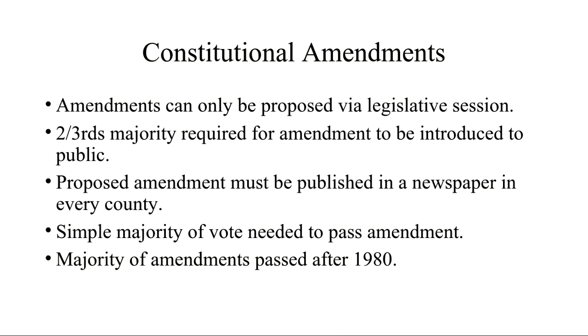So in 2019, there were 10 proposed constitutional amendments. All of them had to be published in a different newspaper once a week in every county for a month. So the voters would know what's on the ballot, what the amendments mean, and be better informed going in to vote. Assuming, of course, that they actually look at that information prior to voting.